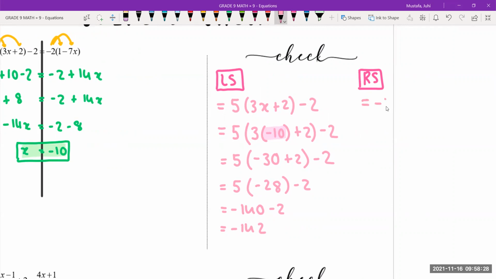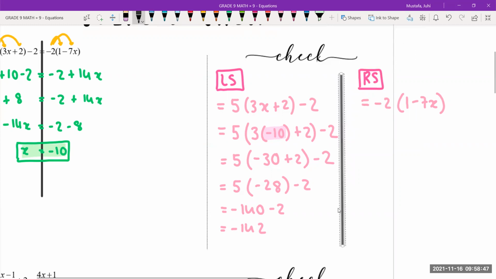And I look at the original equation, which is -2 bracket 1 minus 7x. Okay, so do you guys notice how I didn't set these equal to one another? This is separate and this is separate. In fact, if you want to really show that it's separate, you could also just make a line between the right side and the left side to seriously separate them. You don't have to, but I just want to emphasize that these equations are not supposed to be together.